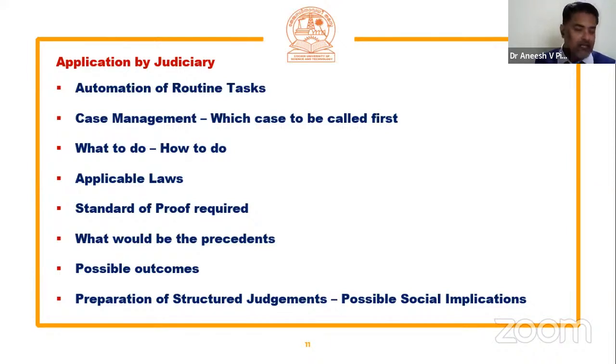So by doing all this analysis, AI tools can help the judiciary to render the most appropriate judgment. Then finally, AI tools can help the judiciary to make a structured judgment.